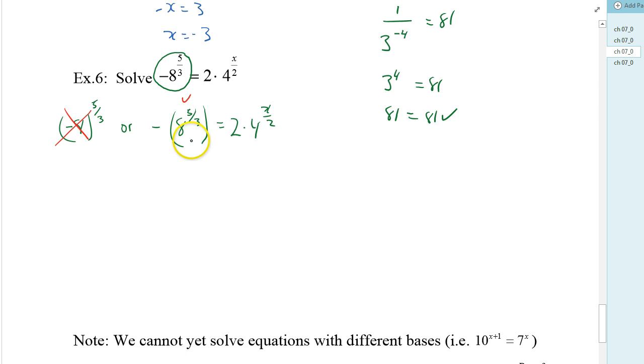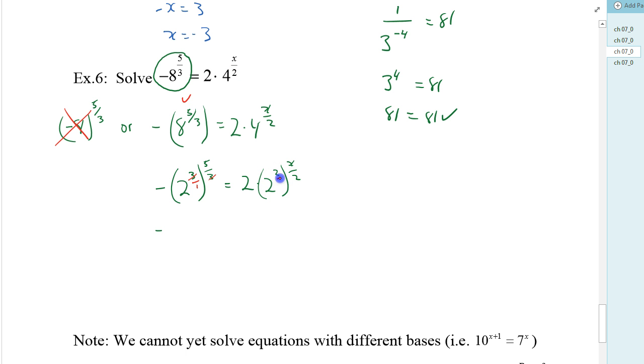First of all, the common base we're going to have is 2, so this is going to be 2 cubed to the power of 5 over 3 is equal to 2 times 2 to the power of 2 times x over 2. Now we'll do this multiplying here. What happens when we multiply 3 times 5 over 3? This 3 will cancel that 3 out, because this is like 3 over 1. When we multiply 3 over 1 times 5 over 3, we can cancel things out.